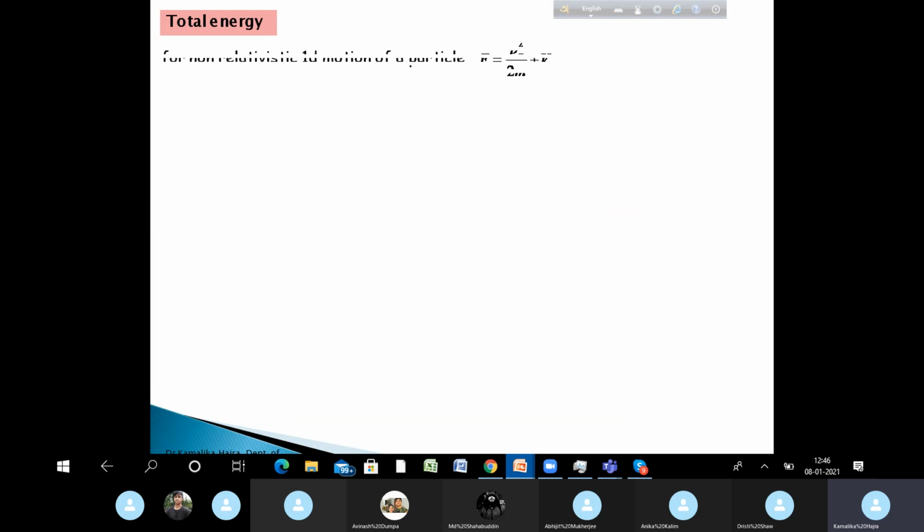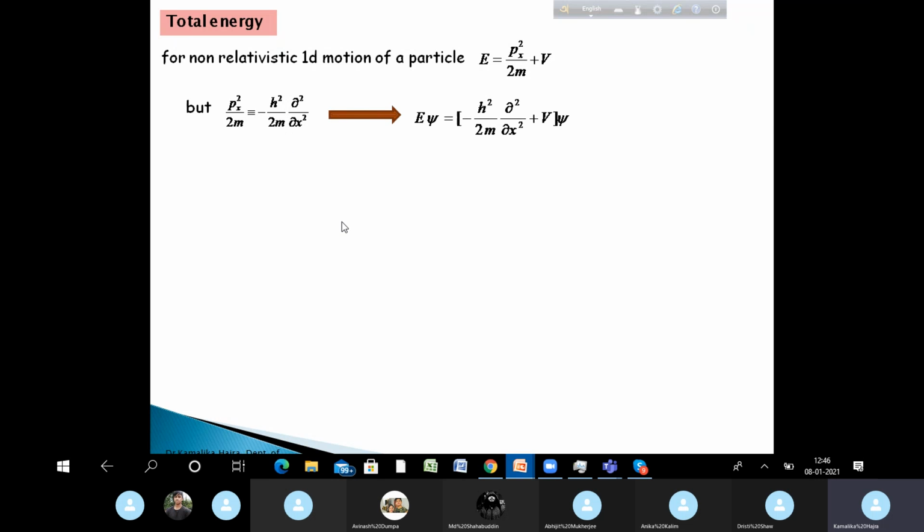Next we talk about the total energy. Okay. So we know that for non-relativistic one-dimensional motion, this is the total energy, px square by 2m plus V, where the particle is moving under the action of a potential V. For a free particle, of course, V is 0. But we already saw that px square by 2m is minus h cut square by 2m del 2 del x2. So we can write E psi equal to minus h cut square by 2m del 2 del x2 plus V operating on psi, right?